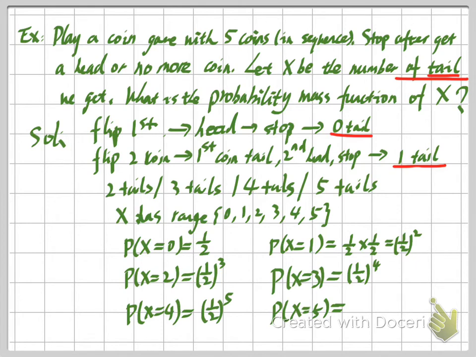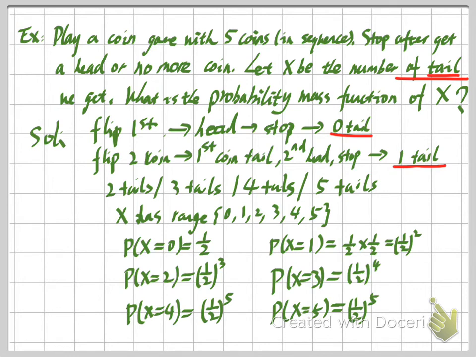And then for x equal 5, the situation is similar. We get tail for each of the steps. So it's still 1/2 to the power 5, because there are 5 coins, and the probability we get a head or tail is 1/2 for each. So that's why we have this answer.